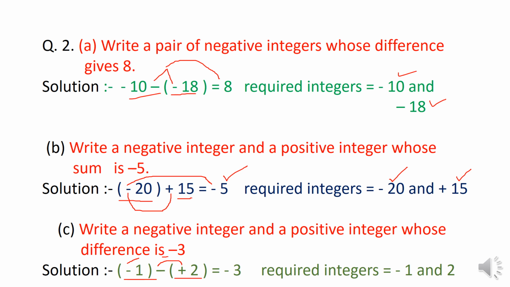So, you have to add them. So, 1 and this 2 will become 3. But here, the greater number's sign, this minus, will come outside. So, this will become minus 3. So, the required integers will be minus 1 and 2.